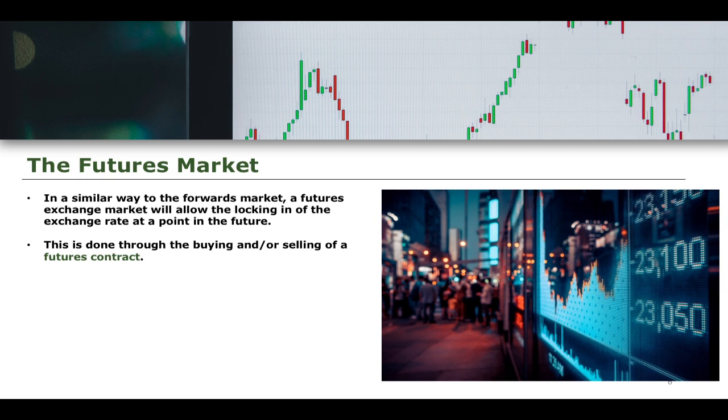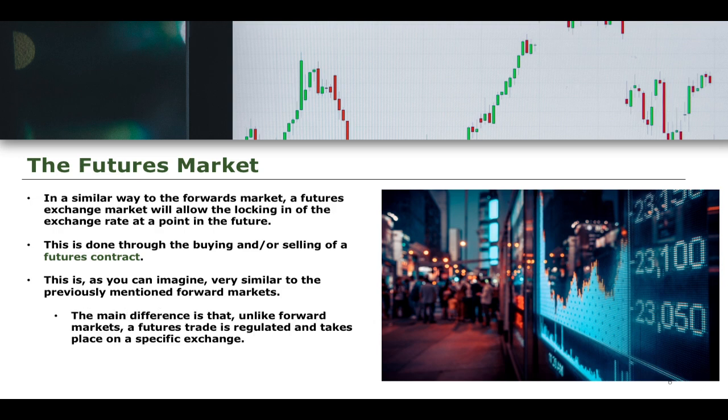The reason why a futures contract is sort of more highly specified as a contract is that it has to be an agreement that is often done quite significantly into the future. Sometimes it could be a year into the future, for example. So again, as I've mentioned, it is very similar to the previously aforementioned forwards markets.